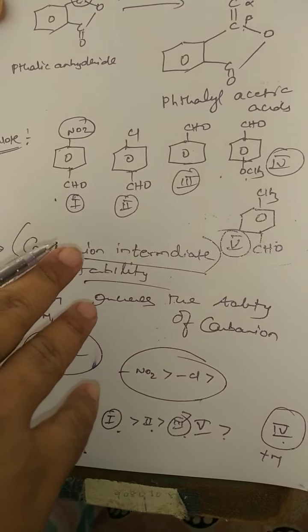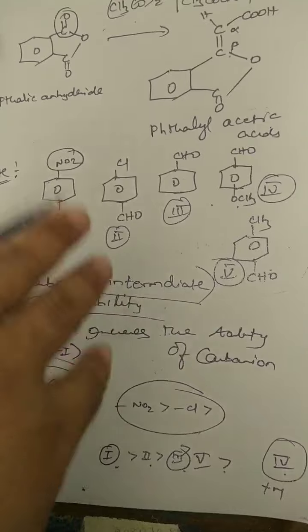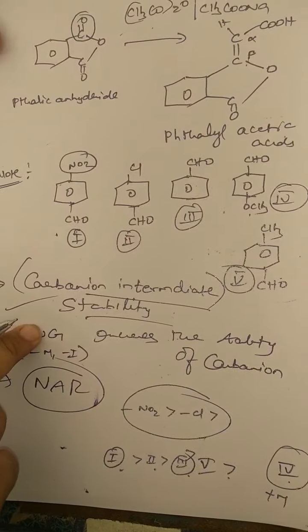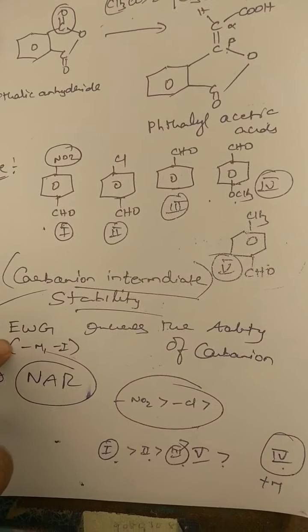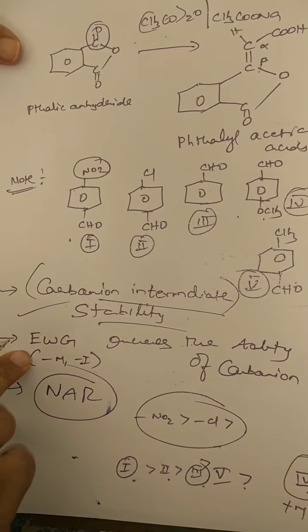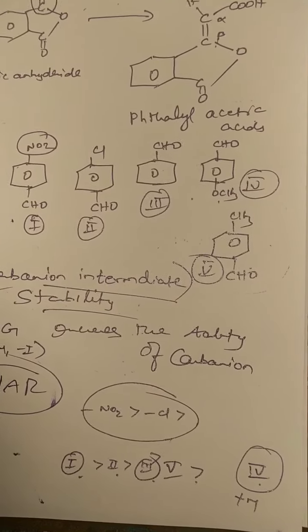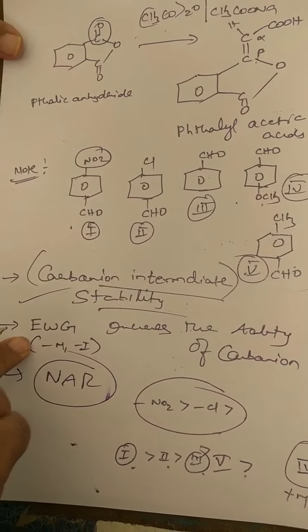Conclusion point: electron withdrawing groups increase the rate of nucleophilic addition reaction, and electron releasing groups decrease it. So based on minus M power, we have to arrange them in decreasing order. That is the point.